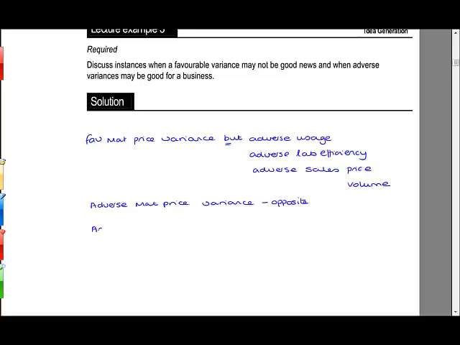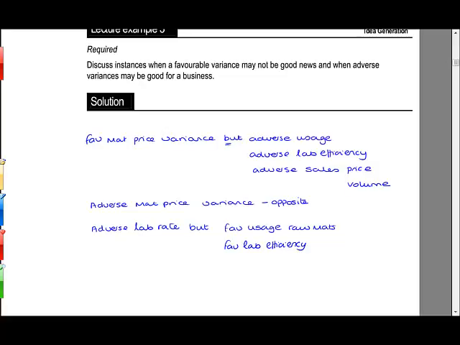Also, we might see that if we've got an adverse labour rate variance, that could also have positive implications overall. So we could end up with favourable usage of raw materials. We could also end up with favourable labour efficiency, so higher skill.